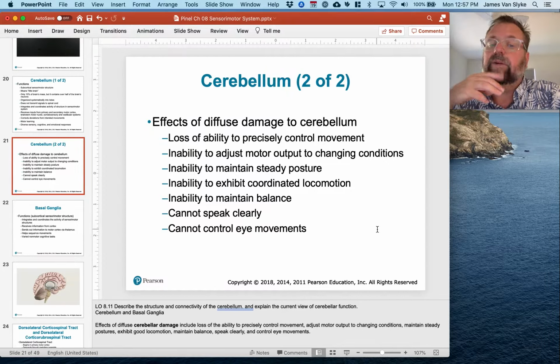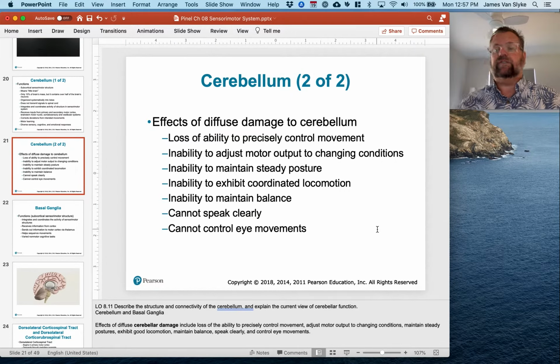There's also an inability to adjust motor output to changing conditions, and inability to maintain a steady posture. So you have difficulty staying in the same kind of posture or stature.